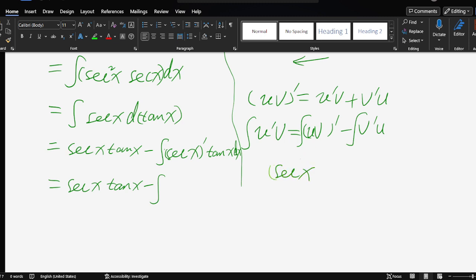Secant x take derivative is secant x times tangent x. So we do that. Secant x times tangent x, then times original here, tangent x dx.